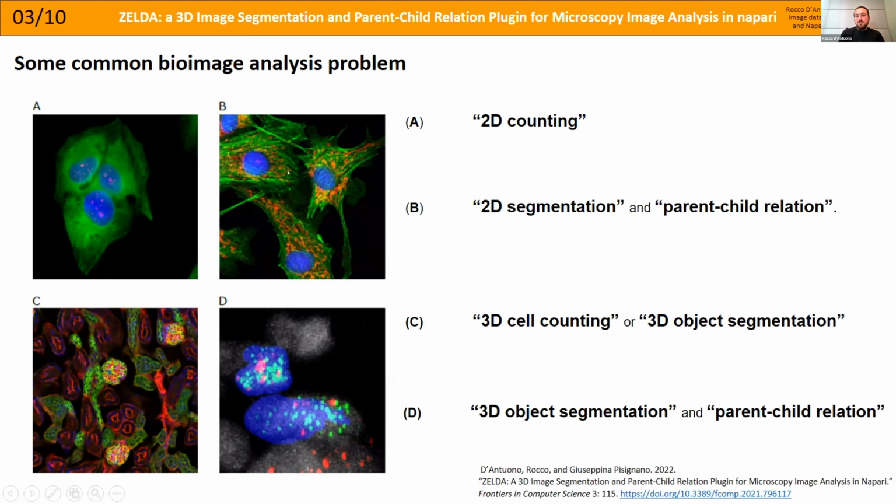If we want to say how many vesicles there are for every cell, we are talking about parent-child relation. And the same is true for 3D. So several types of image datasets can be analyzed in a similar way.